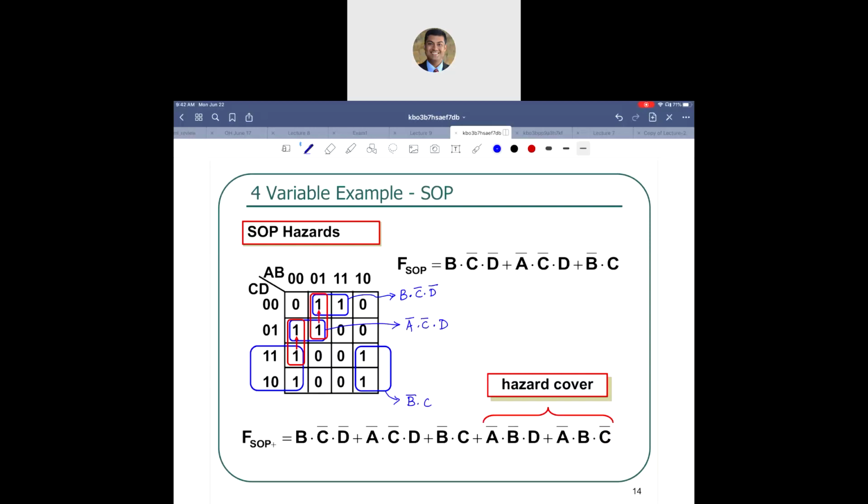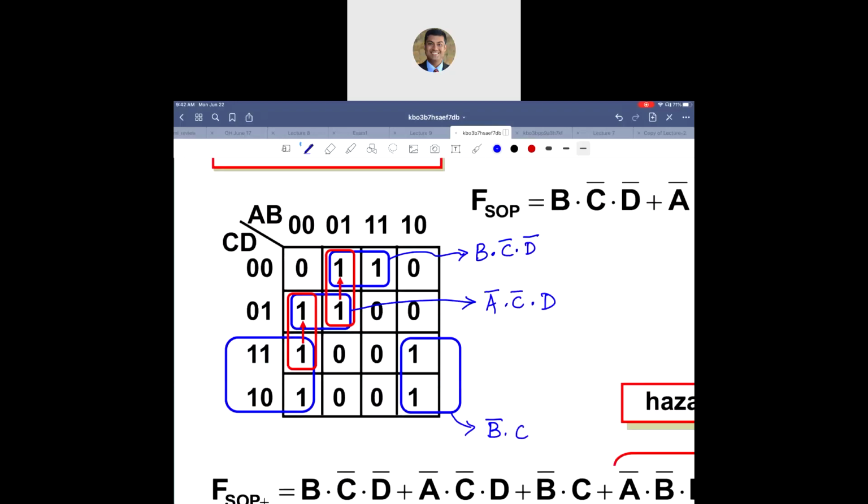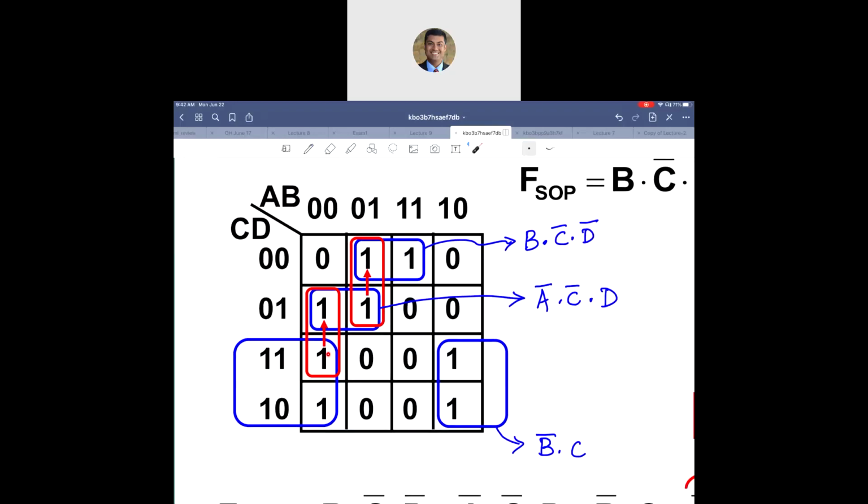Now try to look at the redundant prime implicants. If you look at them, you will see these two. The input conditions over here are that there is an accidental 0 that could happen when C changes from 1 to 0, when D is 1, A is 0, B is 0. That's one condition. Let's write it down.